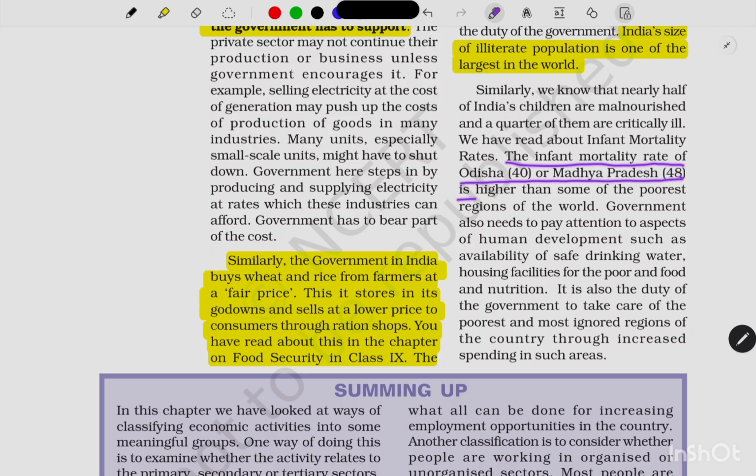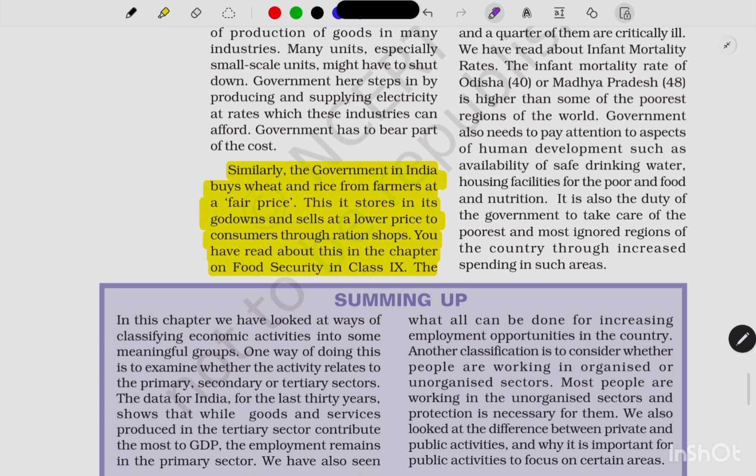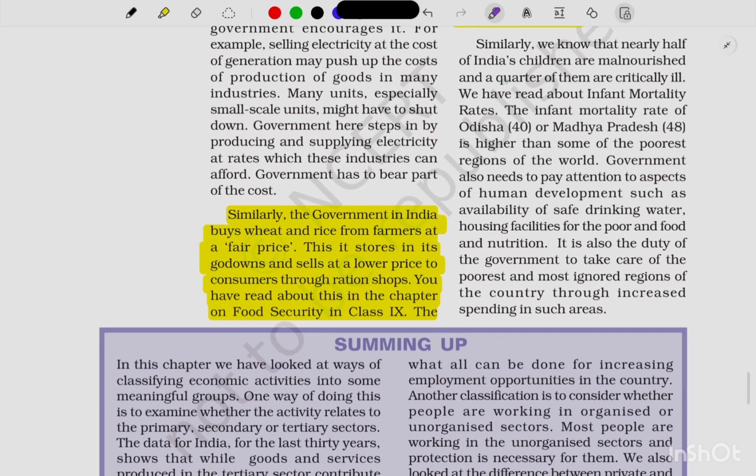Okay, is higher than some of the poorest regions of the world. So that is a very bad situation, okay, that our people are going through. Around 50% of the children who are born dies within 1 year. That's just a very bad situation.